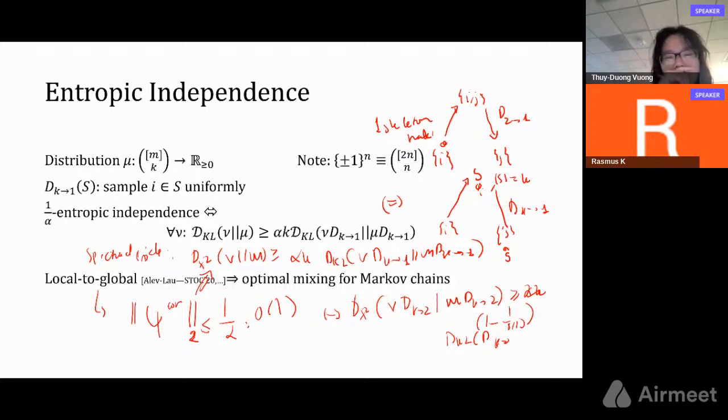And so spectral independence means this random walk has good entropy conduction, and that's sort of equivalent to variance conduction, sorry, and that is equivalent to good x squared conduction of the k-to-1 operator. We call it entropy independence because we replace the variance, the x squared here, with x log x. So that's why we go from spectral to entropy.